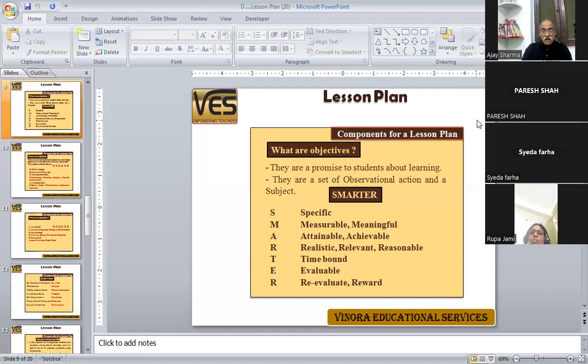And then are for re-evaluation, or you can say the reward. These rewards may not be physical, but there has to be some reward for that. You may write good, you may write very good, you may write excellent, you may put a star over there, you may put a chocolate design over there, anything, but it has to be there.